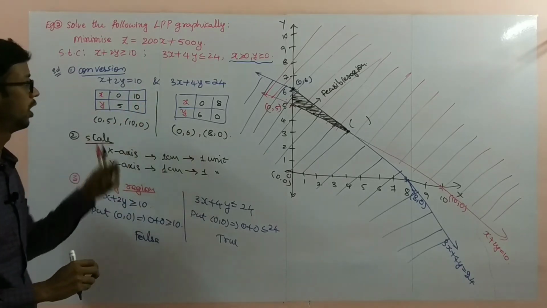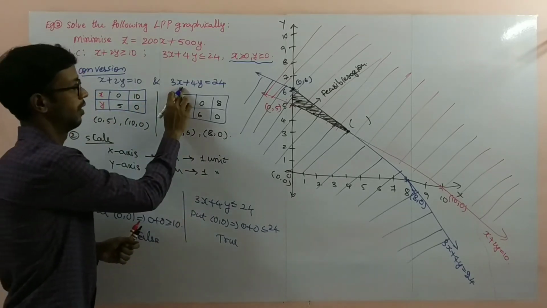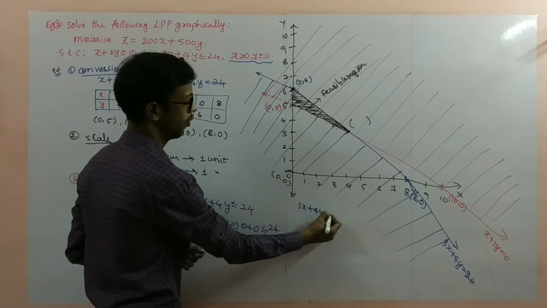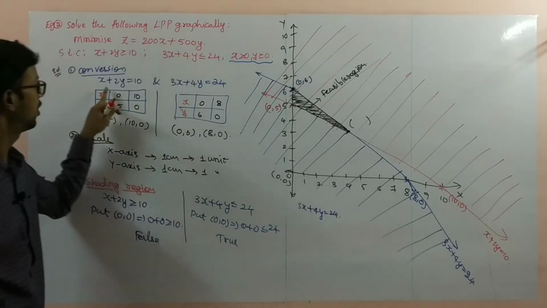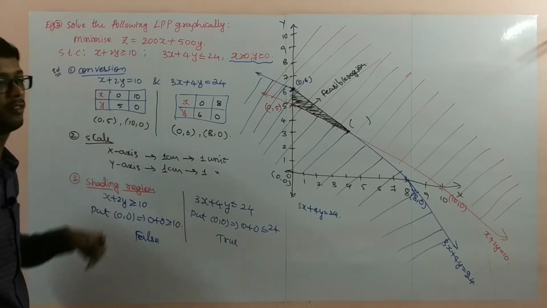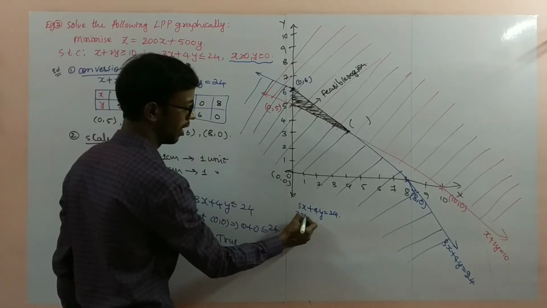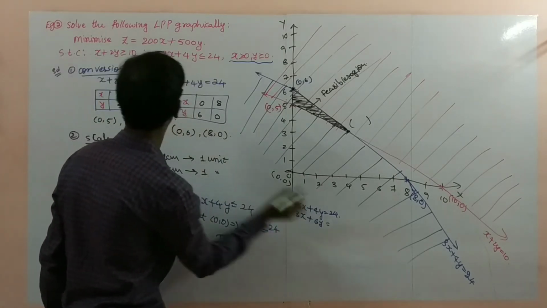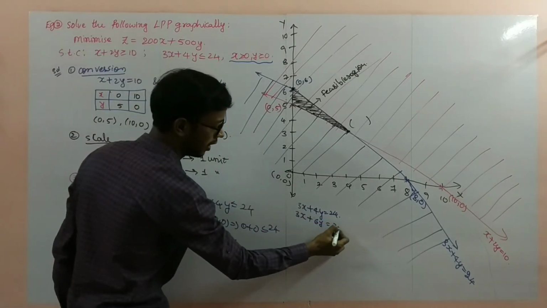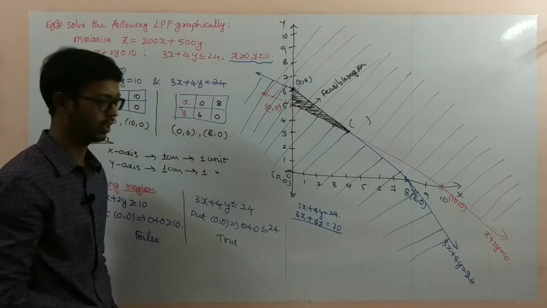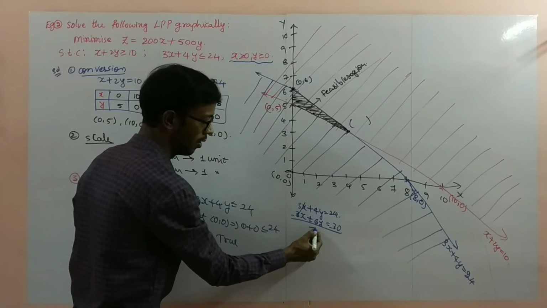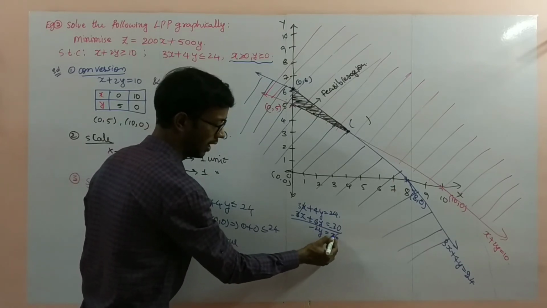So that's why we simplify the two equations. First equation, x plus 2y equal to 10, second equation, 3x plus 4y equal to 24. Multiply the first equation by 3: 3x plus 6y equal to 30. General simplification, we know that: subtracting, minus 2y equal to minus 6.